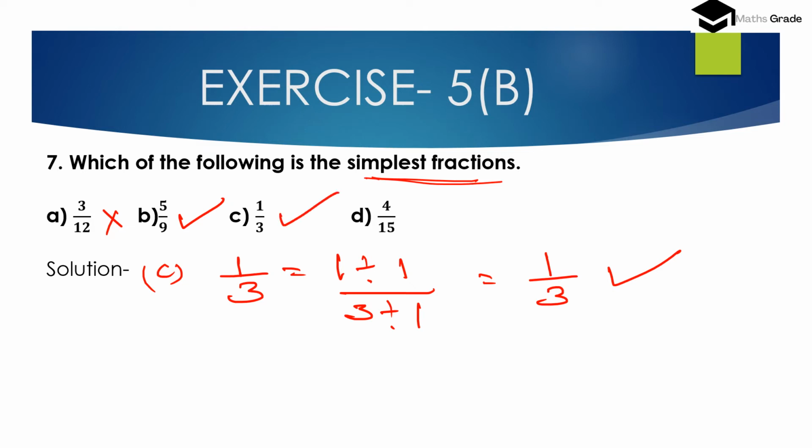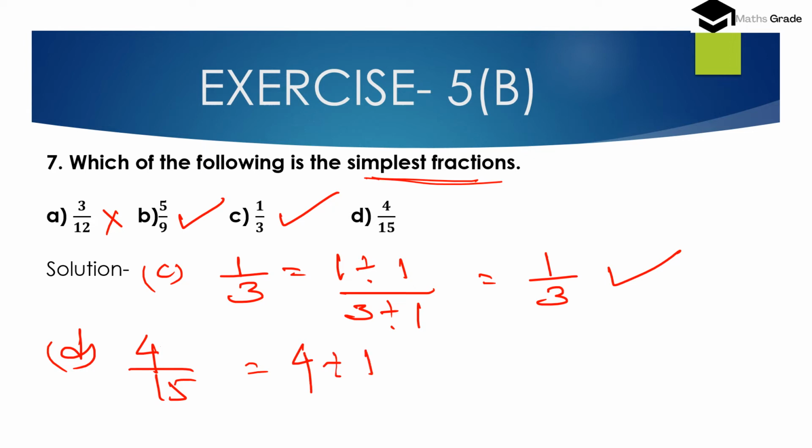Now option D, 4/15. Here there is no common factor, only 1 is the common factor between 4 and 15.